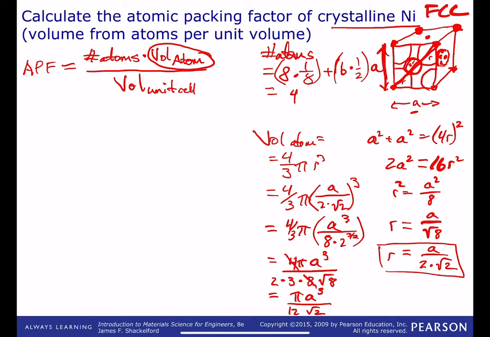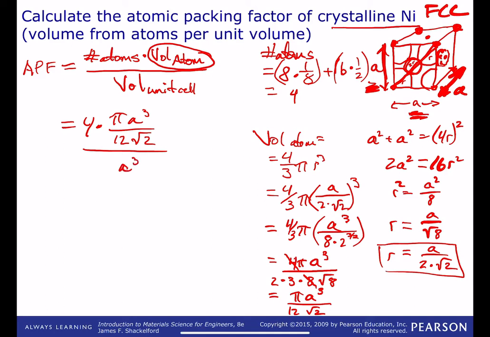Okay. Finally, taking all of that to our APF equation, we have 4 atoms times pi a cubed over 12 root 2 divided by the volume of the unit cell, a times a times a, divided by a cubed.